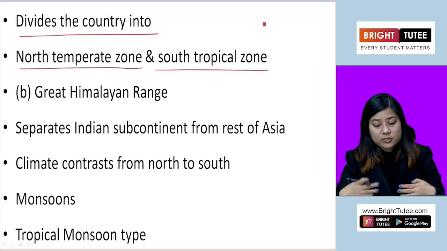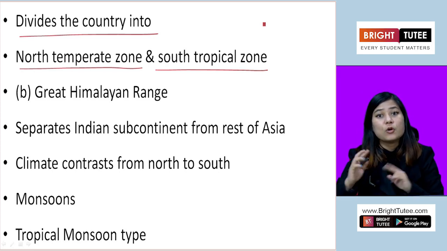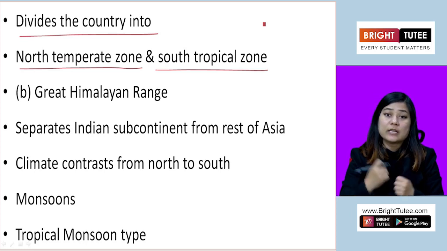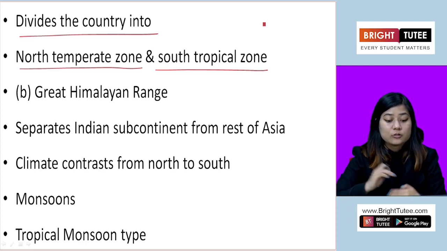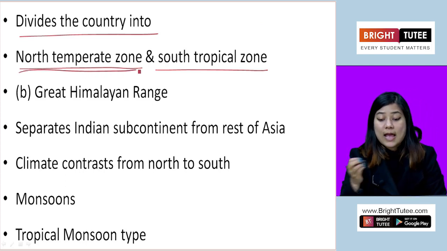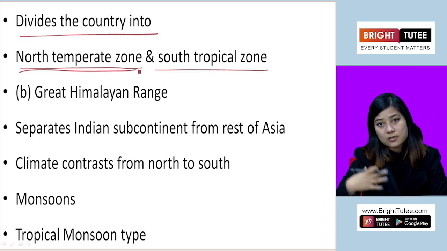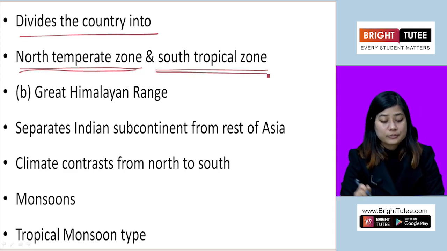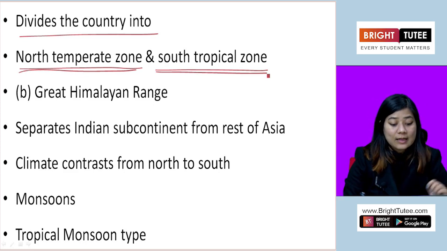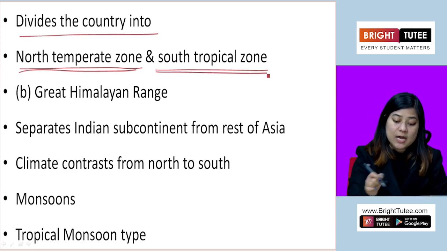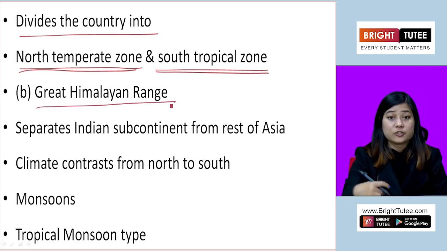So that division also divides it into two zones, and here the climate is also influenced by this division. The northern part is called the North Temperate Zone and the southern half is called the South Tropical Zone.